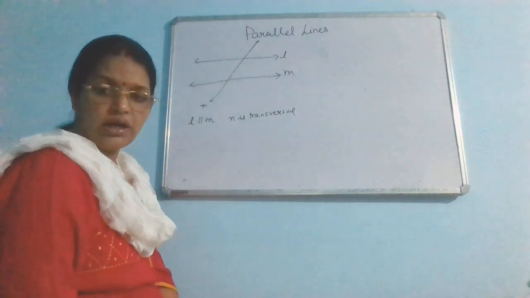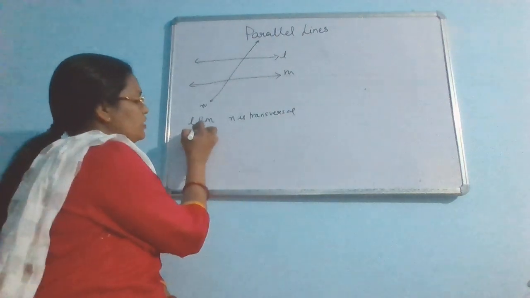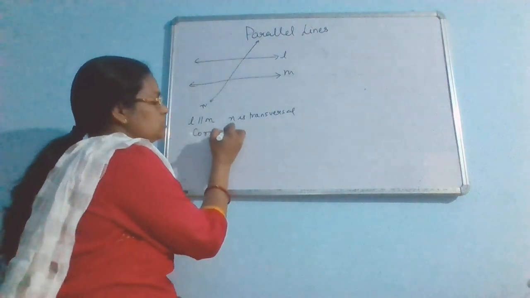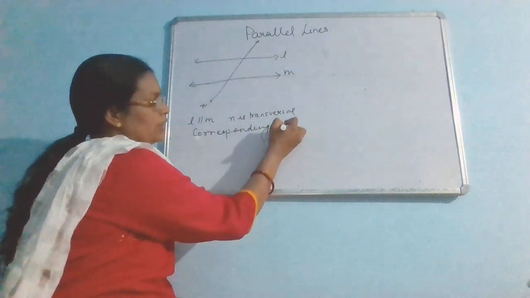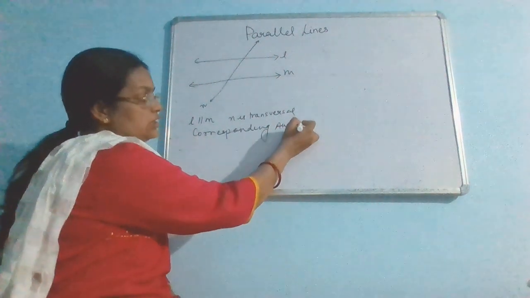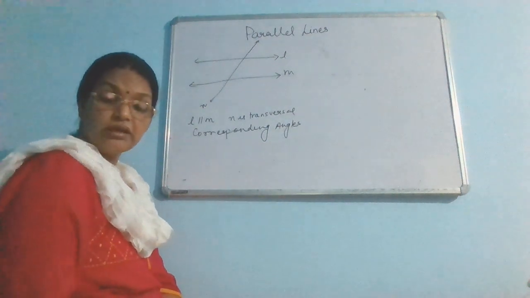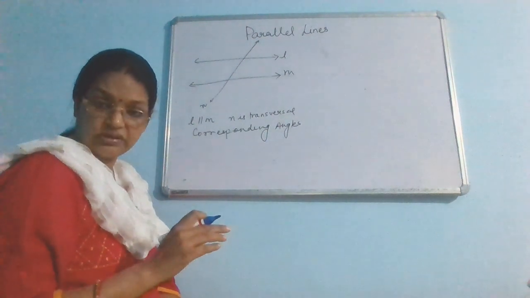Now corresponding angles. When we say corresponding angles, what do we mean? Corresponding angles means angles in the same position.